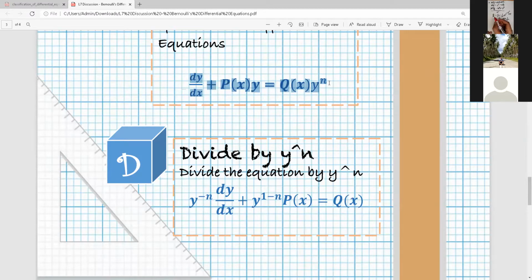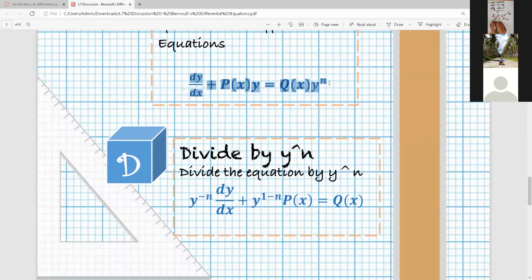So we divide the whole equation by y raised to 3, or we can multiply by 1 over y cubed. That's the same thing. It's either you divide the whole equation or multiply it by 1 over y cubed. So this will be equal to this divided by y cubed.